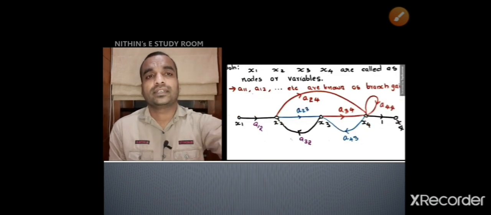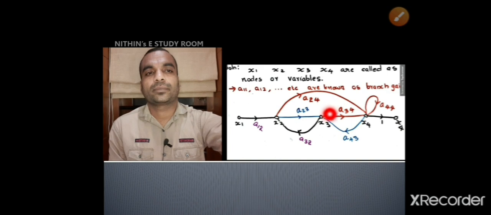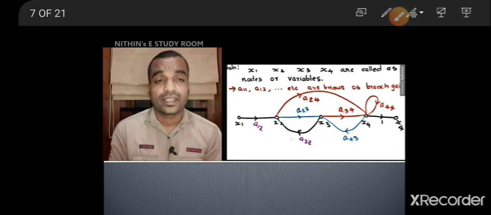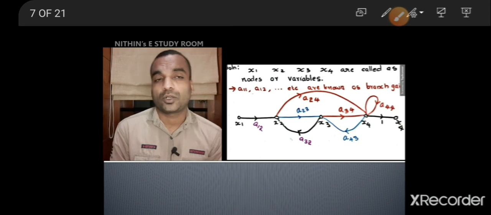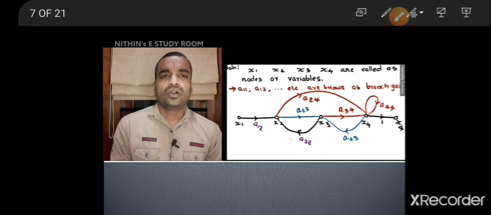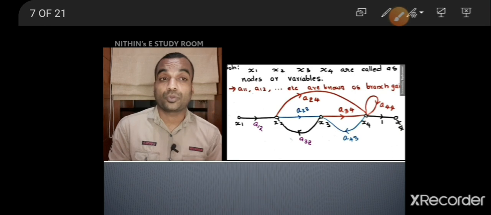In this figure, please take x2. x2 has one incoming branch from x1 and one incoming branch from x3. But it also has an outgoing branch, that is a24. So we cannot say x2 is an output node, because it has a leaving branch also. x3 also, x4 also. Presently x2, x3, x4, all three nodes are not perfect output nodes.